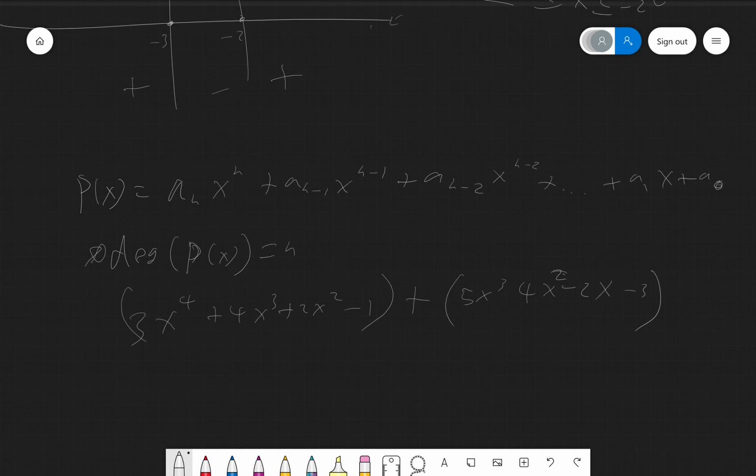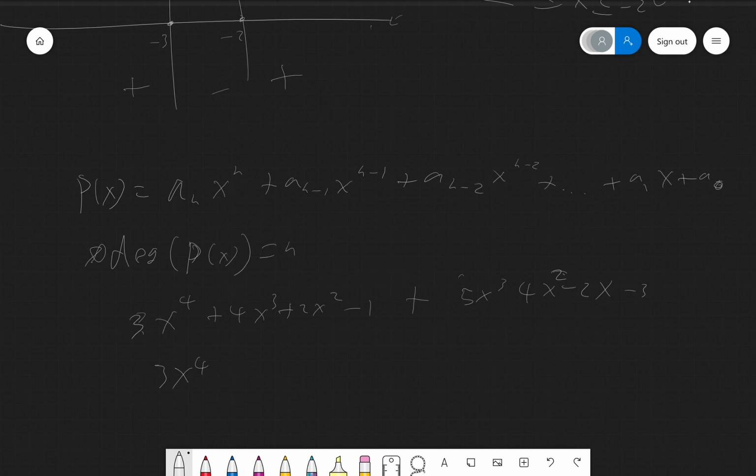Okay. Then what we do is, if it's plus, we just remove the parentheses, right? Now we look at all the terms with x to the 4th, and there's none, except for this 3x to the 4th. So we have 3x to the 4th.